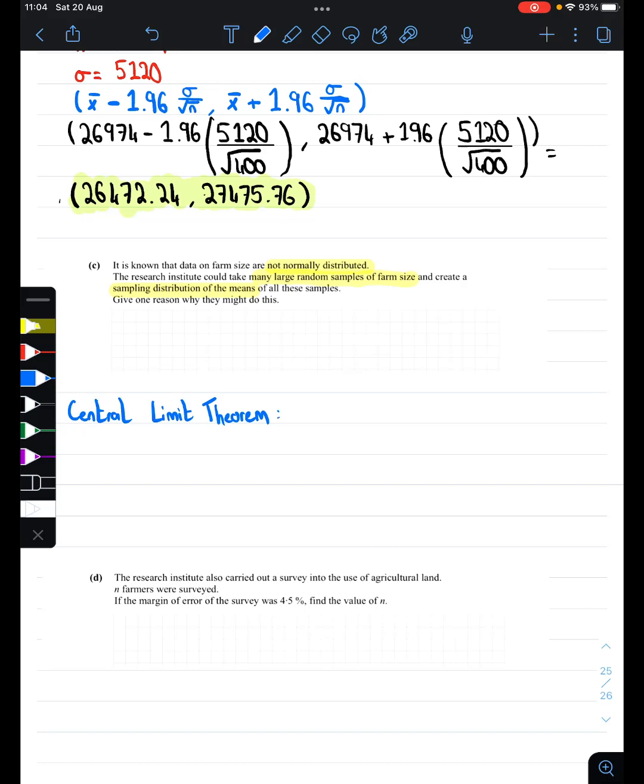So the central limit theorem: the sample means from any distribution are normally distributed. And this is an extremely important theorem in statistics and maths as a whole.